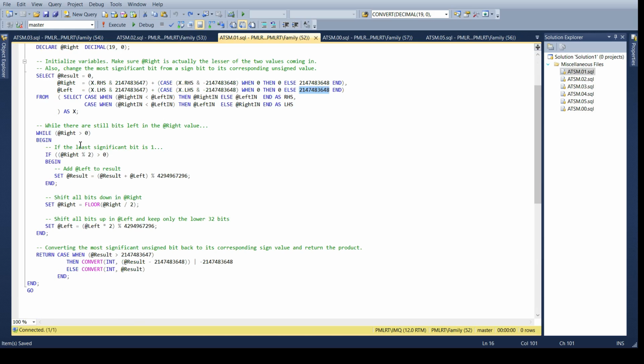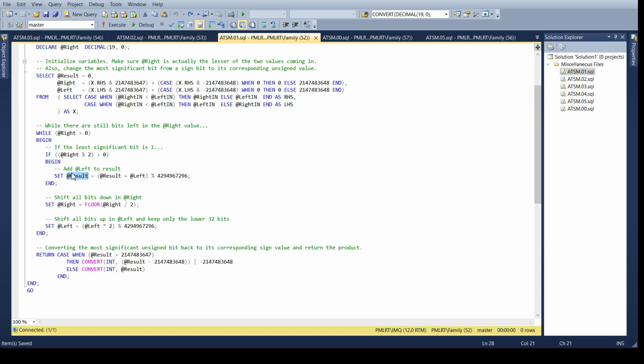So the algorithm's simple. While the right number is not 0, we're going to look at each bit, the least significant bit. If it's 1, we're going to sum the left side. But we're not going to let that overflow. This mod operator here is saying, I only want the lower 32 bits of this summation every time to go back into the result variable.